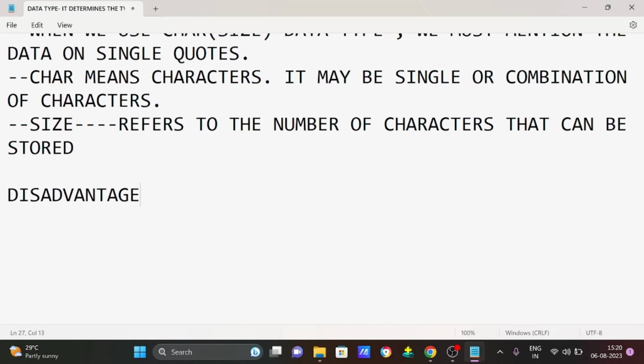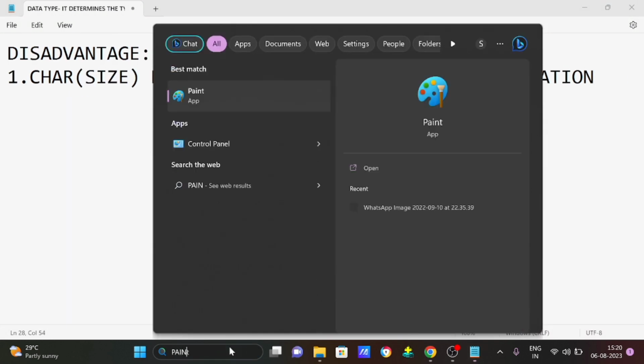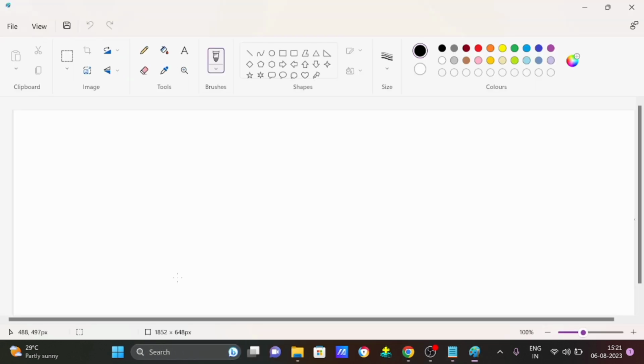It means the disadvantage is that char of size data type follows fixed memory allocation. Now, what does this actually mean? Let's try to understand that with an example.